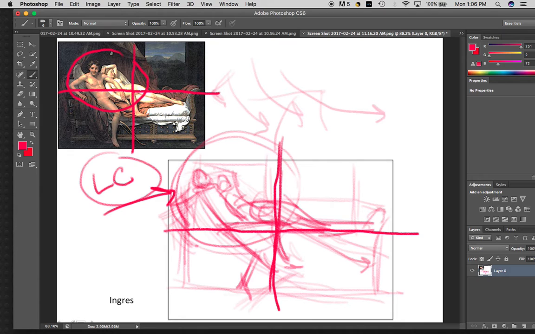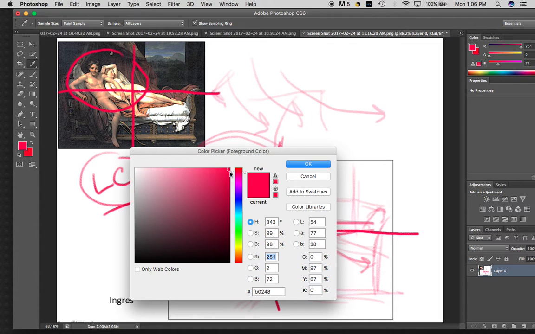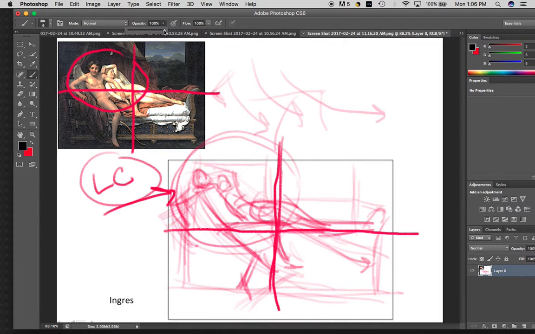And all this, look how much darker all this is in his composition than the figures, which again are pretty dark here. And so he sets everything up where we have a strong contrast.